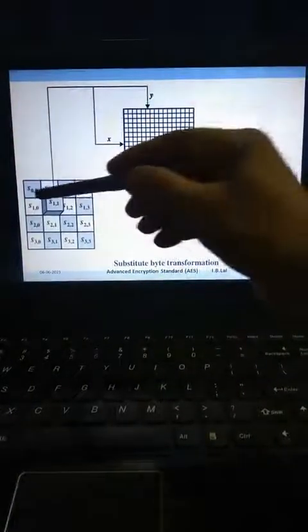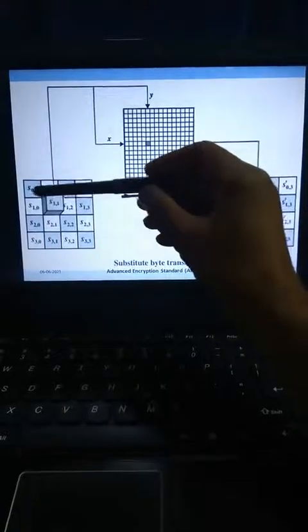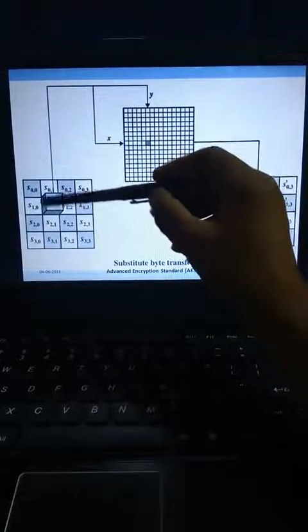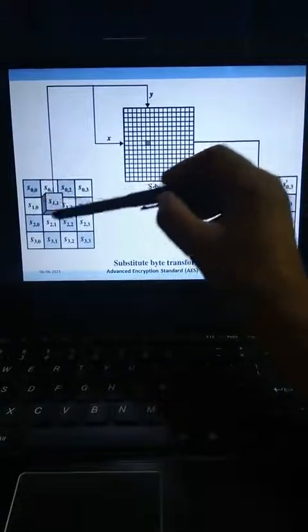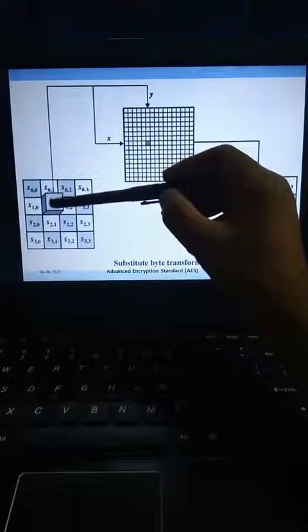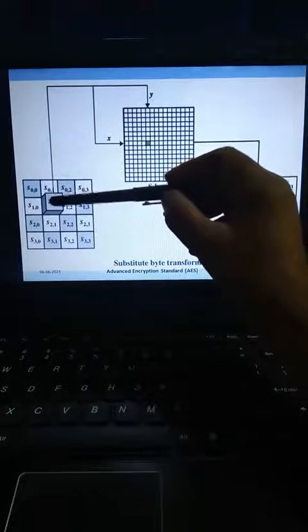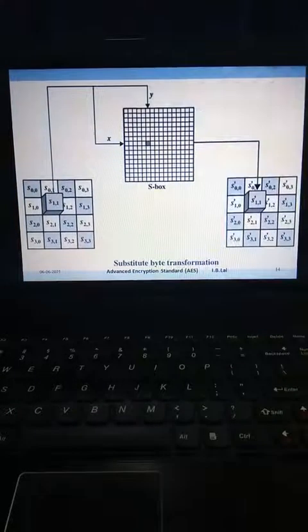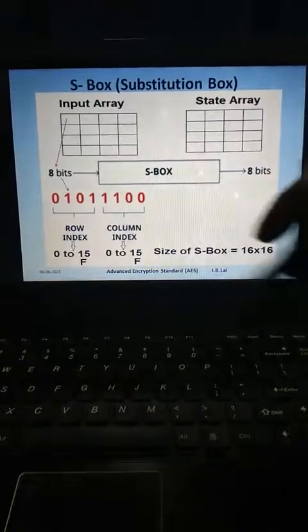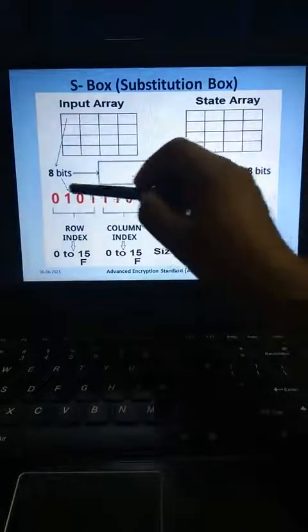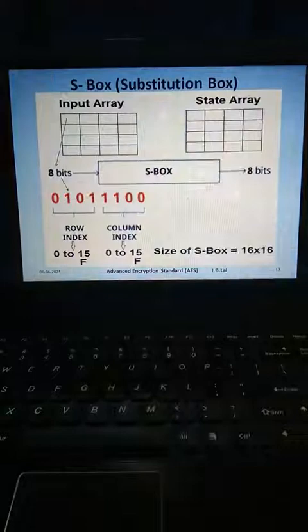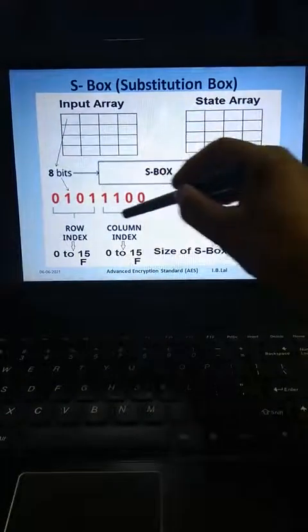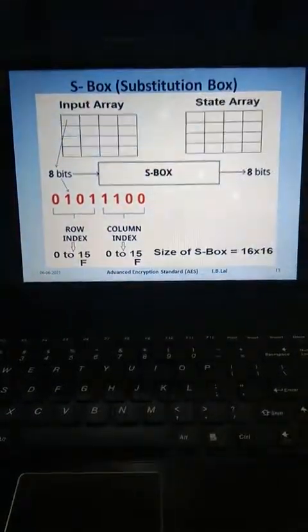So here what happens: if we take any particular box or cell, there would be 8 bits in this box. From those 8 bits we take the row number from the first 4 bits and we extract the column number from the next 4 bits.